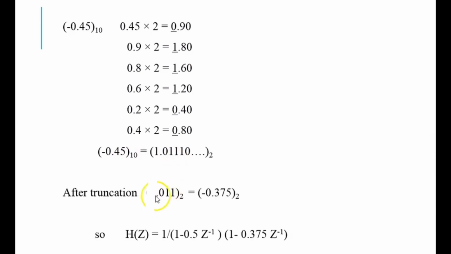If you truncate it to 3 bits, you will get 0.011, which is nothing but 0.375. Since it is a minus value, I am writing it as minus 0.375. So you write minus 0.5 as it is, and replace the minus 0.45 value with minus 0.375.